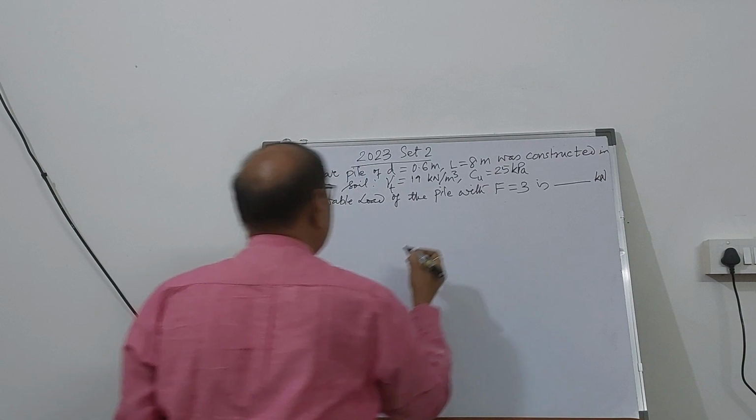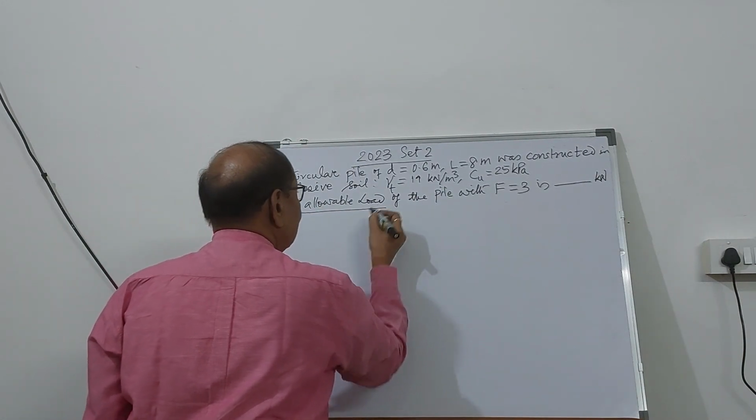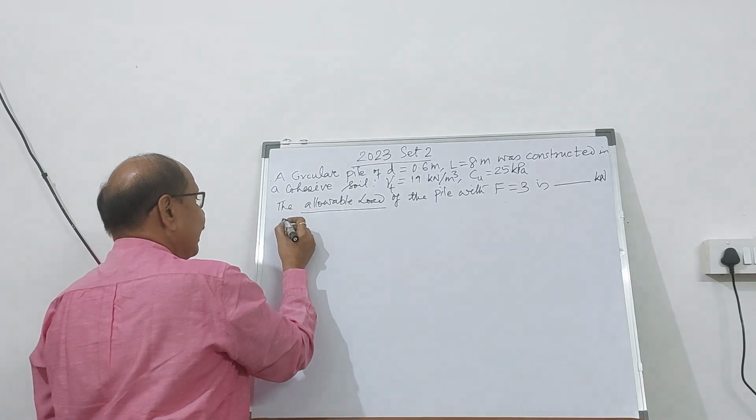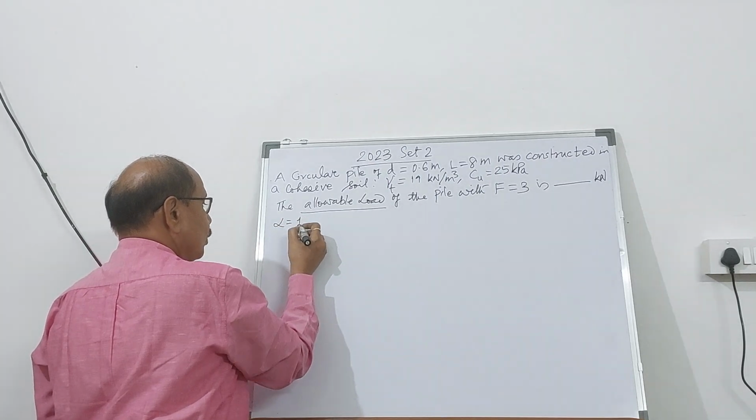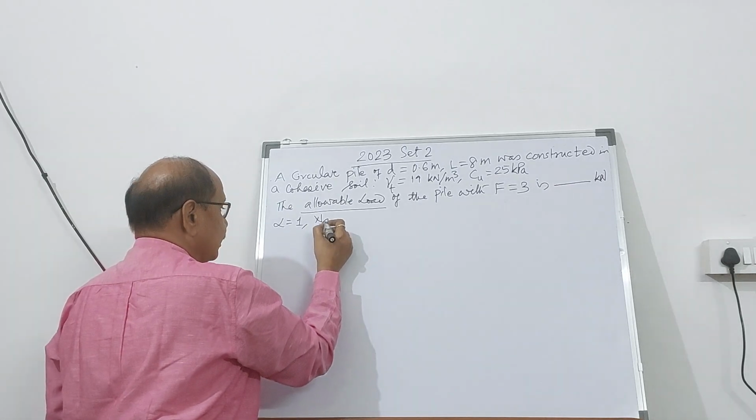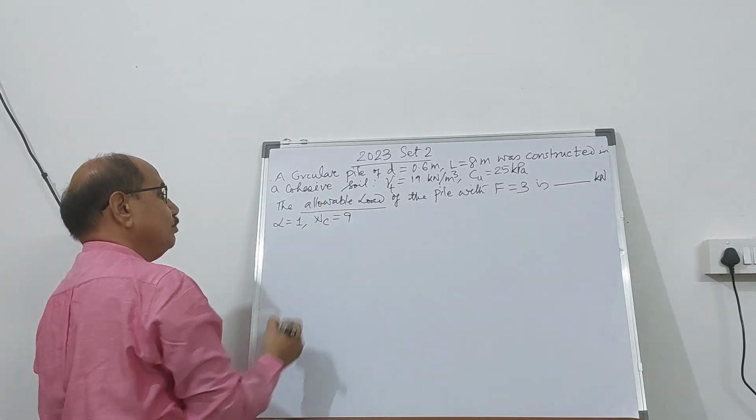So you will have to find out the allowable load of a pile. Take alpha equal to 1 and Nc equal to 9. So this is the problem.